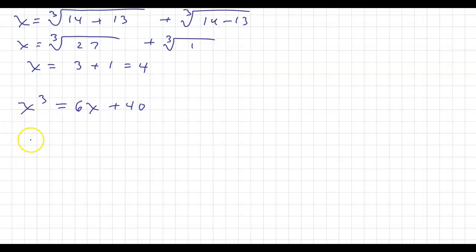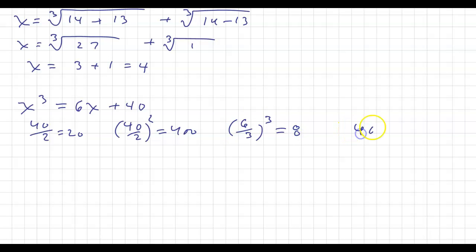Well, according to the formula, we need three calculations. 40 over 2 is 20. 20 squared is 20 times 20, which is 400. And 6 over 3 cubed is 2 cubed, which is 8. And 400 minus 8 is 392.